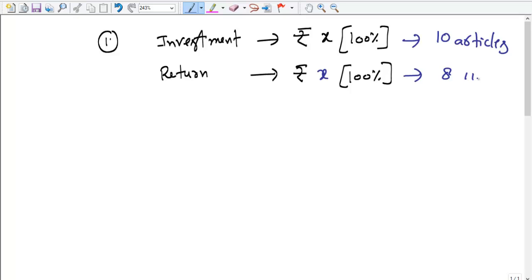In fact, it would become very difficult for us to calculate the profit as well as loss percentage. So when there is a transaction taking place, do remember you would be able to calculate profit or loss percentage only after the entire goods is sold out.